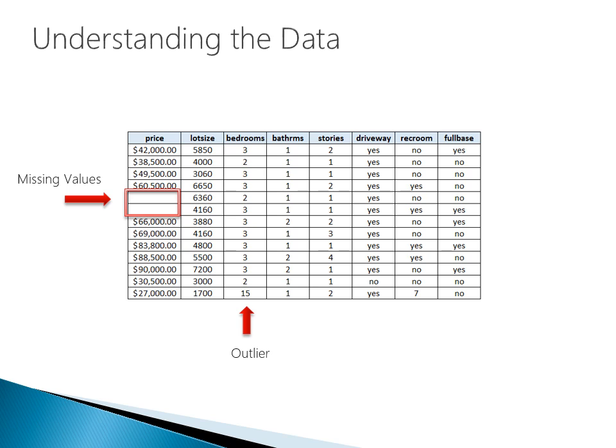In the bedroom field, most of these houses that are being sold, we can see bedrooms of 3, 2, 4, 5. However, I have one piece of data that has 15 bedrooms in there. Now, for a house that's $27,000, a 15-bedroom house, to me is just implausible.